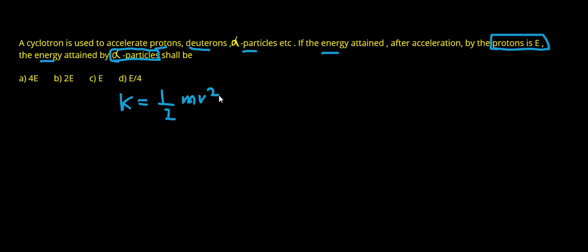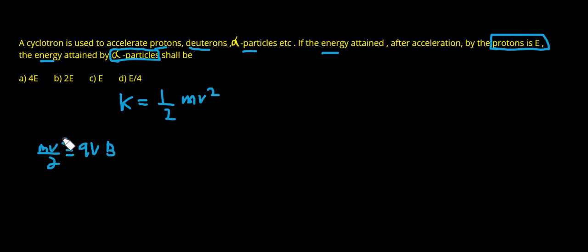So when a charge attains a circular motion in a magnetic field, the centripetal force is mv square by r, where r is the radius of the circular motion of the charge q, and the force is the Lorentz force qvB.